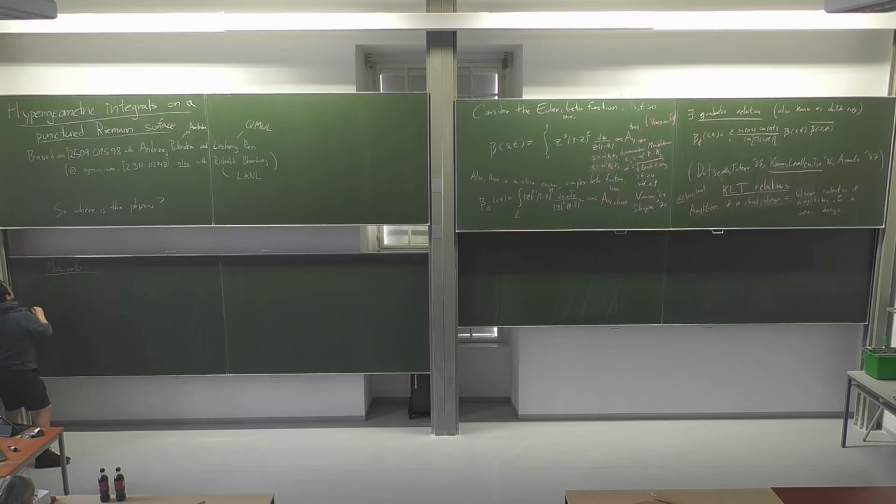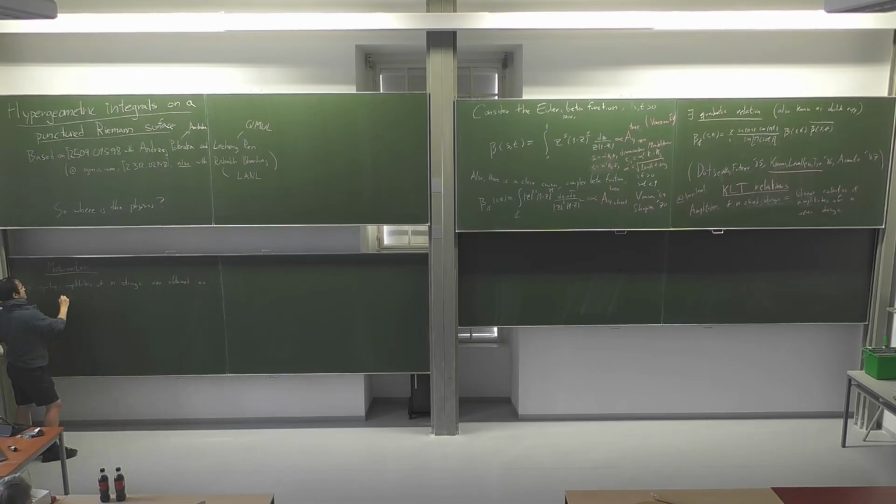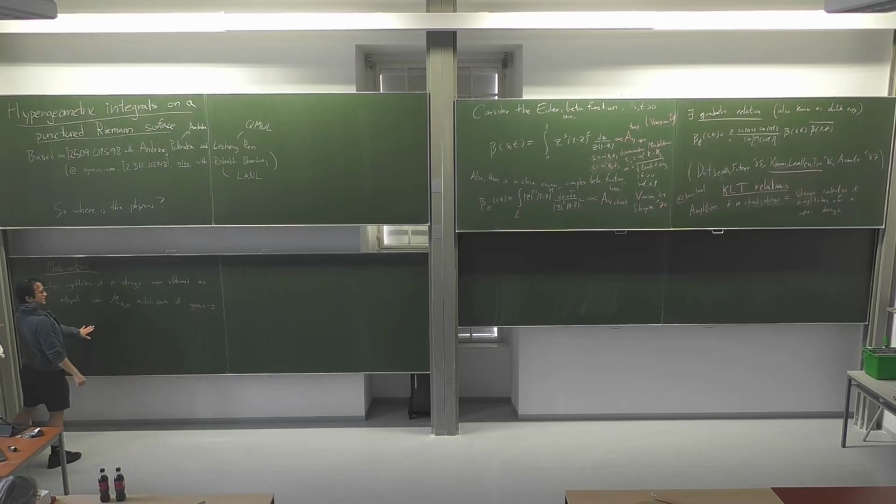G-loop amplitudes of n strings are integrals over M_{g,n}, which I call the moduli space of genus g Riemann surfaces with n marked points.